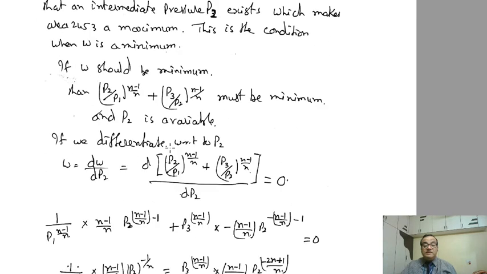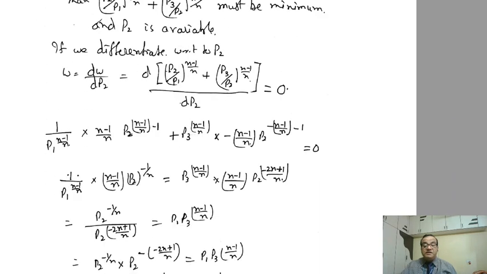If you differentiate this equation, the work done with respect to P2, that is d/dP2 of [(P2/P1)^((n-1)/n) + (P3/P2)^((n-1)/n)], tends to 0.